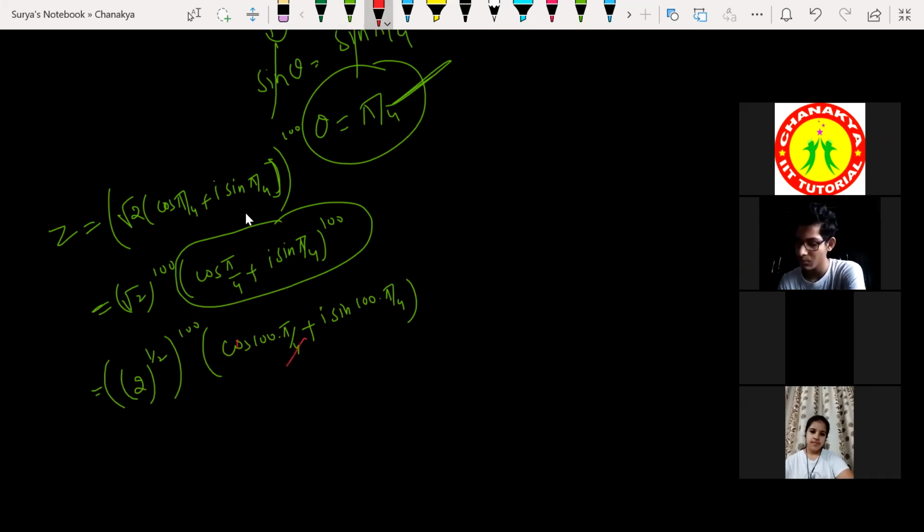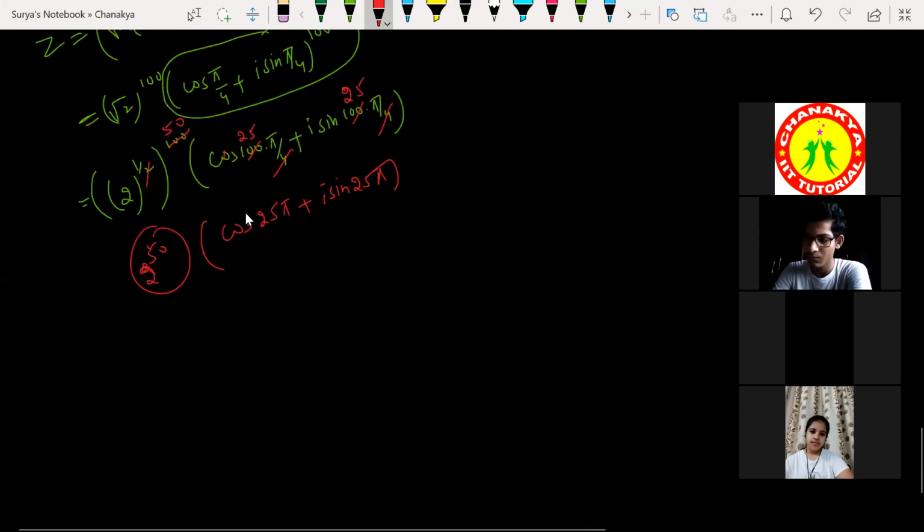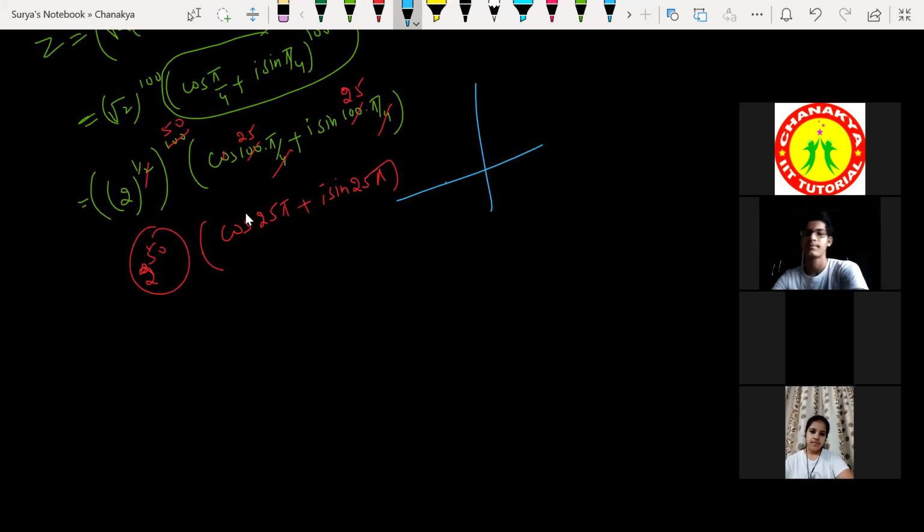Now 4 ones are 4, 25s, so 2 to the power of 50 into cos 25 pi plus I sin 25 pi. So cos 25 pi, how much? Very big value. Everyone knows that cos will be repeating after every 180 degrees.